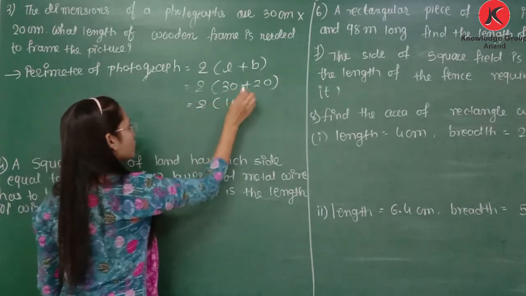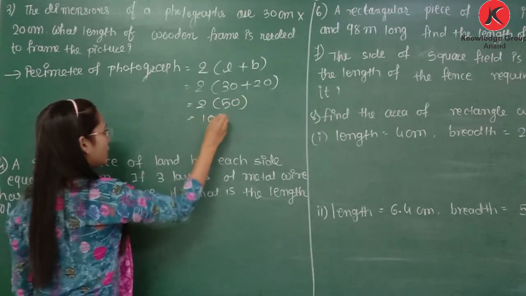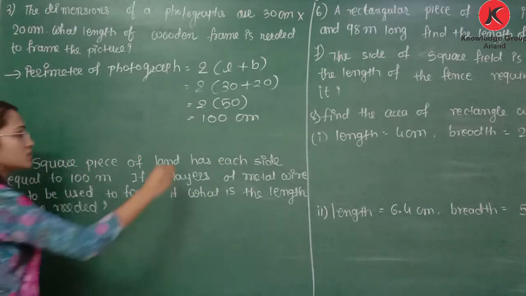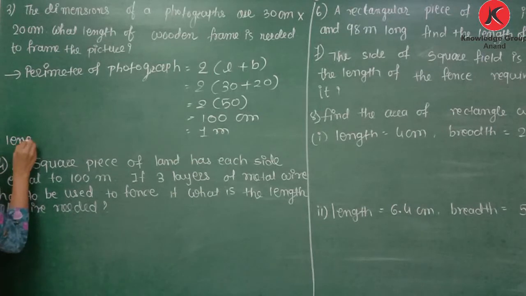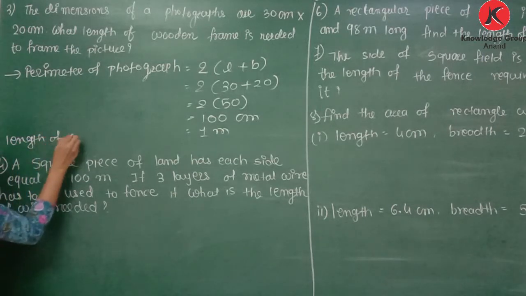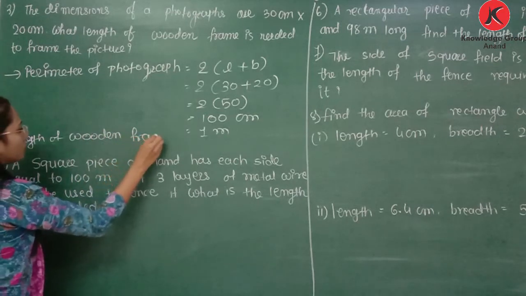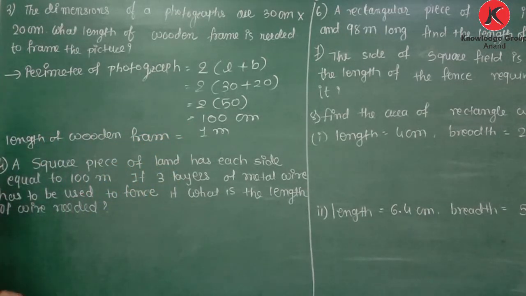So that is 50 centimeter. 50 multiplied 2, that is 100 centimeter. So you can consider it as 1 meter. So length of wooden frame is equal to 1 meter, or you can consider 100 centimeter. That is also correct. Now next one, this kind of example can be asked for MCQ.